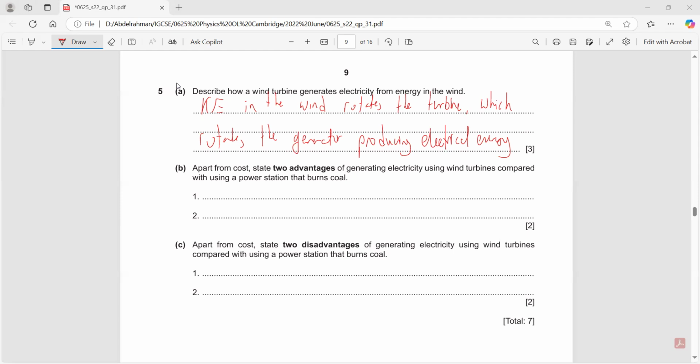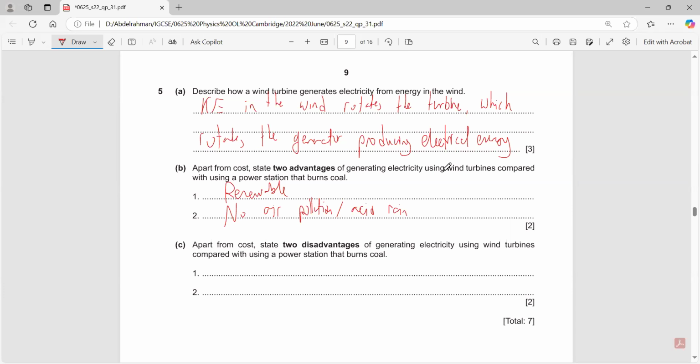But mainly we need to say these two things: it's renewable and no air pollution. You might say no acid rain, no greenhouse effect, no contribution to global warming and whatnot.